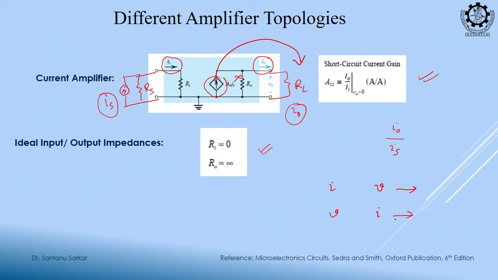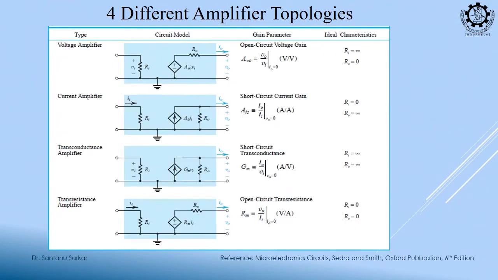So, V by I is resistance, and the opposite is transconductance. So, we will have one transconductance amplifier and one transresistance amplifier. These two, with the same voltage or current on both input and output side, you already know their requirements. Now you can work out the other two combinations.